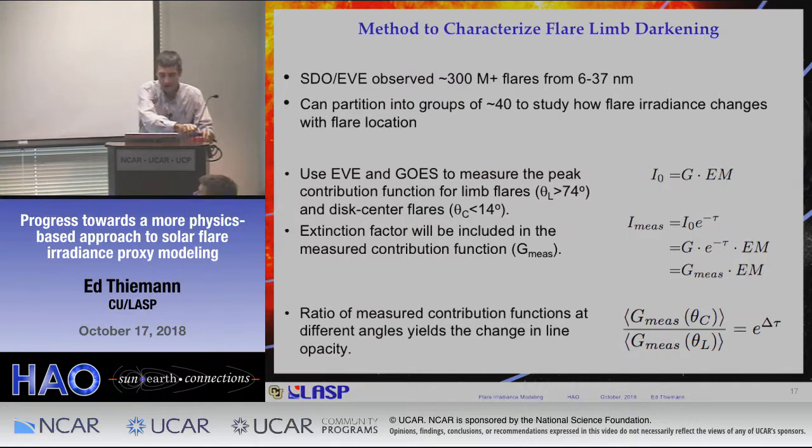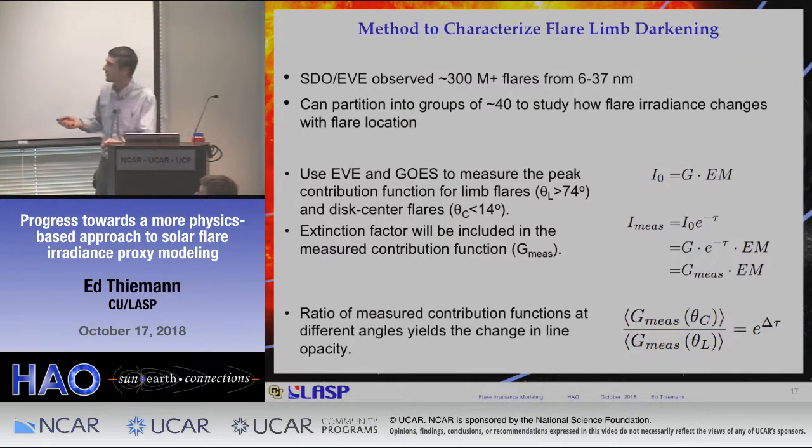Okay, and so now we're going to expand on the emission measure proxy analysis to characterize flare limb darkening. We looked at 300 M-class or larger flares measured by the 6 to 37 nanometer band of EVE, and we split these into groups of about 40 according to their location on the solar disk.